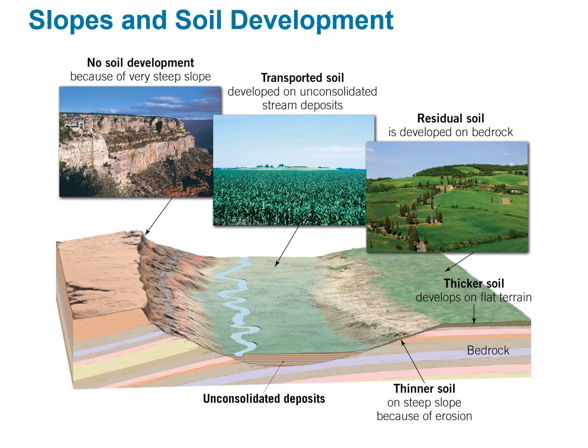So here are your examples. You don't get so much soil development in dry areas because of the lack of water. On steep slopes, you get no soil formation because of erosion. Here in low-lying valleys and rivers, you get a lot of transported soils, so we do a lot of agriculture and farming in these areas.